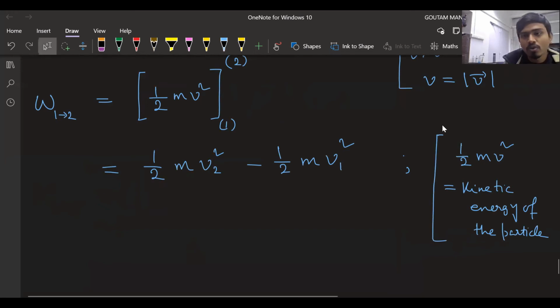So half m v2 square is the kinetic energy at point 2 minus the kinetic energy at point 1.